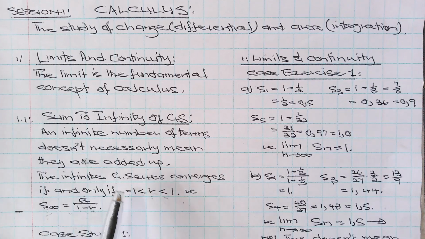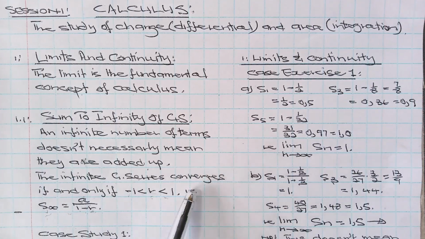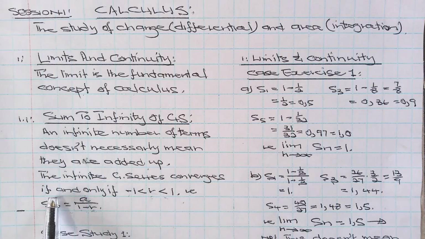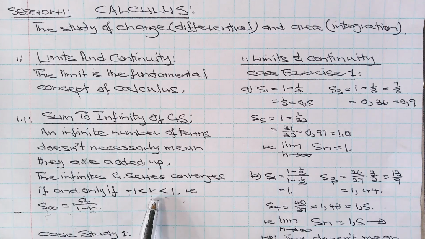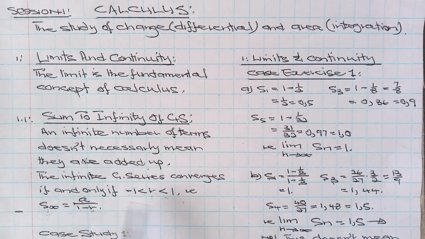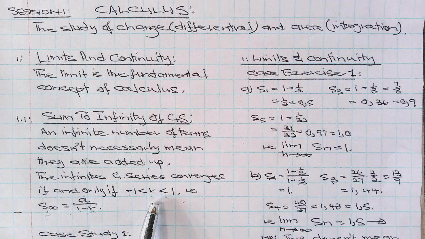The infinite geometric series converges if and only if the ratio R is less than 1 and greater than -1, meaning that the ratio R is a fraction.